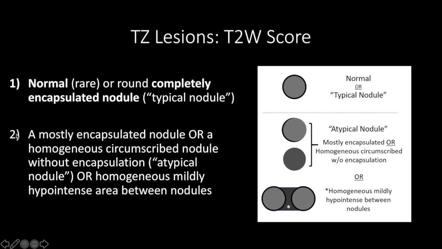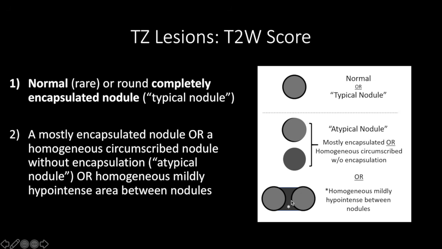A score of 2 refers to atypical BPH nodules, namely things that are mostly encapsulated, like this image up here, or homogeneous and circumscribed, like this nodule over here, but without encapsulation. Again, these are considered to be BPH changes and are benign and are assigned a score of 2.